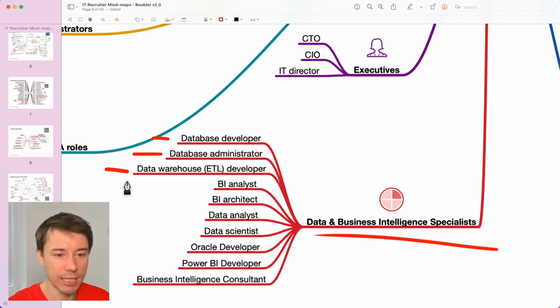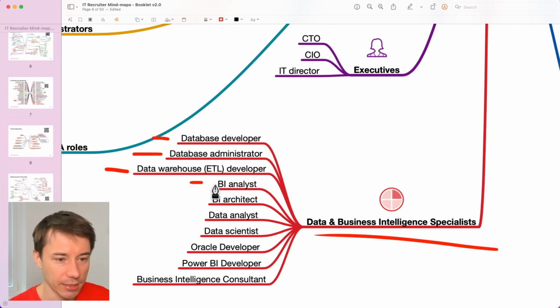The data warehouse developer is a specialist who usually works in a data mart, in a data warehouse environment. The ETL developer is responsible for different loads of data. So they load data from one system to another system.